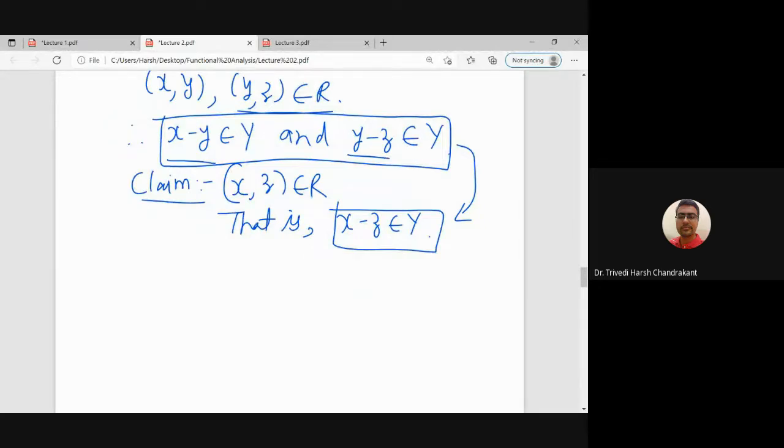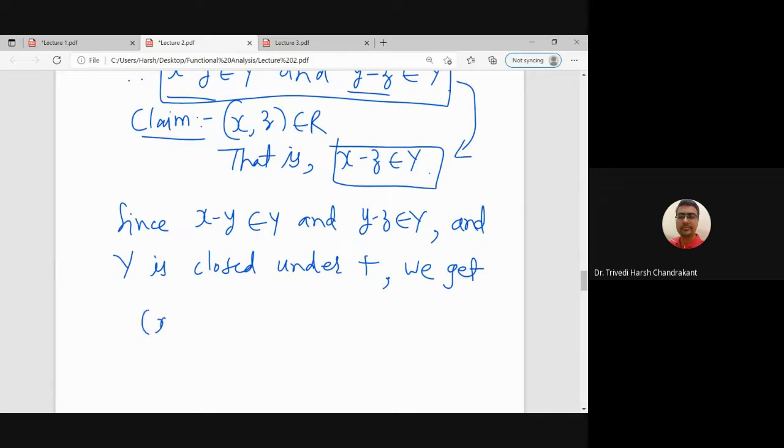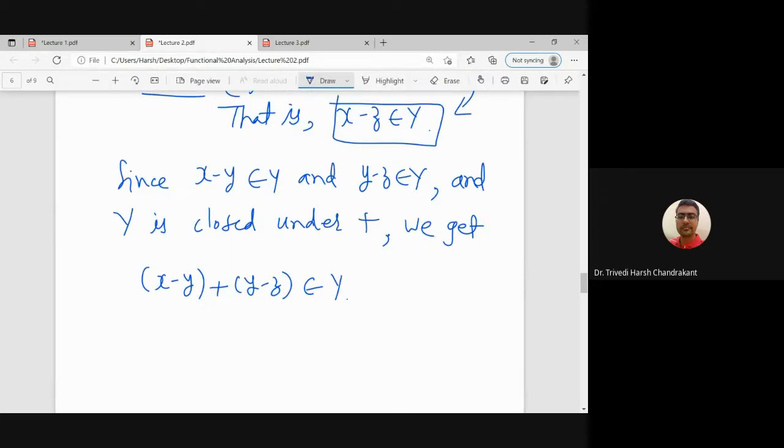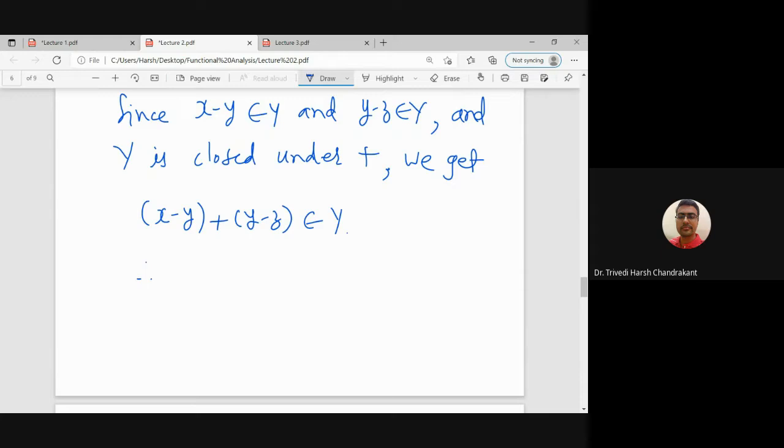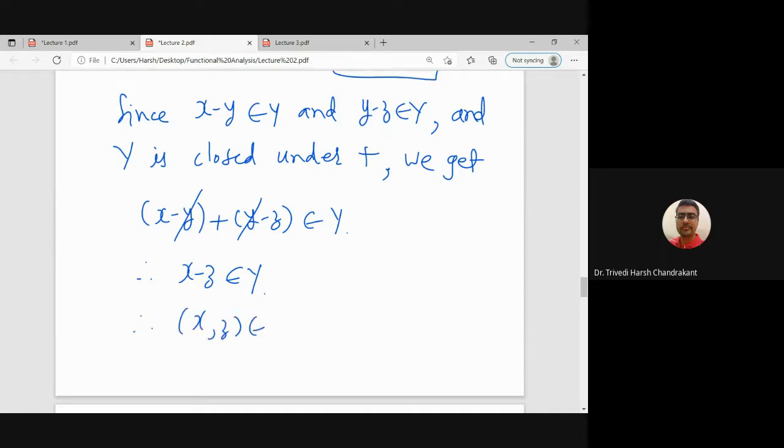So since x minus y belongs to Y and y minus z belongs to Y, and Y is closed under addition, we get x minus y plus y minus z belongs to Y. Right, so if we add these two elements, y will cancel out, and finally we get x minus z belongs to Y, and that is nothing but (x, z) belongs to R.